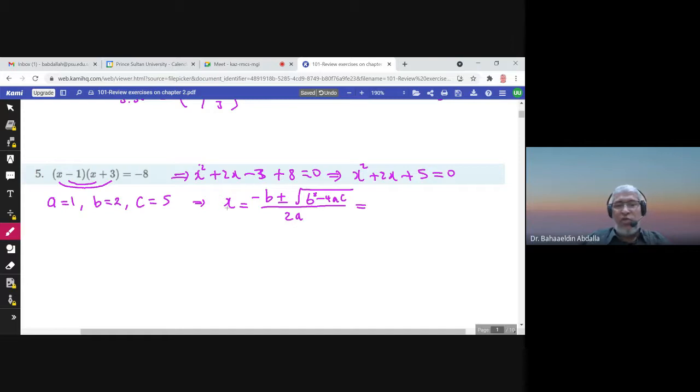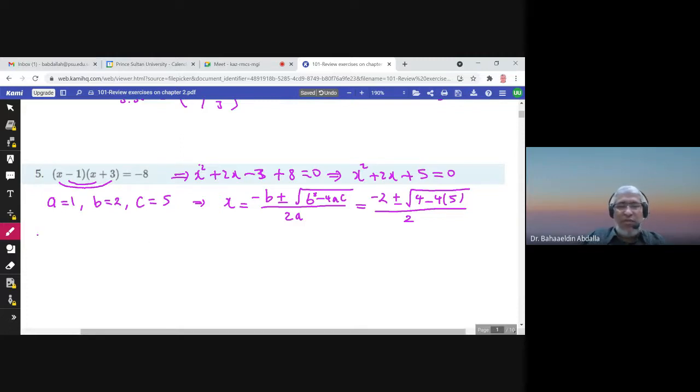So b is 2, so this is -2 plus or minus b squared, which is 4 minus 4 times a is 1, so I'm not going to write it, and c is 5. Because 4 times 1 is just 4, so no need to write the 1 in the multiplication, over 2 times a is 1, so 2 times 1 is 2.